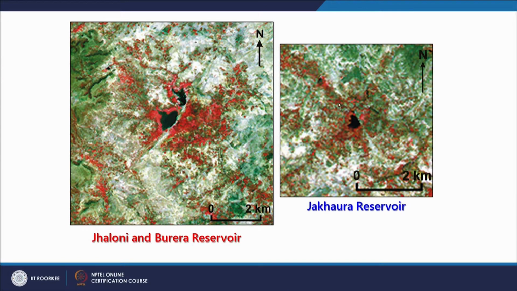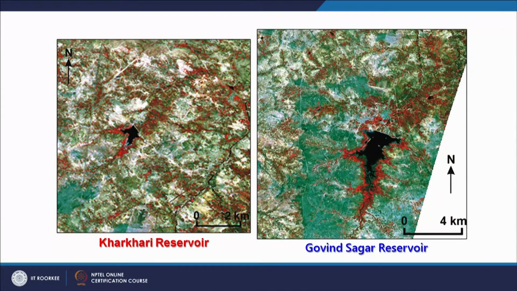Another example here: the downstream area is in the northeast direction, and you have maximum growth of vegetation along this reservoir. Again, this quartz reef is going, and in the downstream area you have growth of vegetation. That is what I am calling a benefit area.